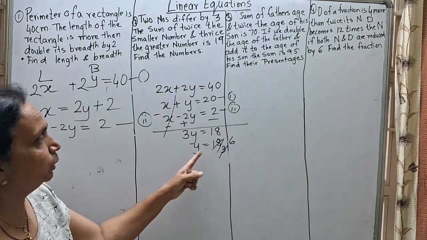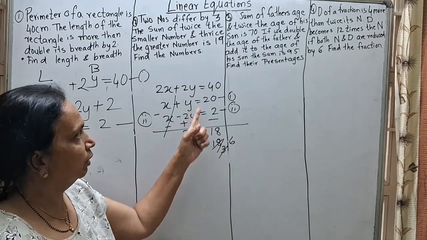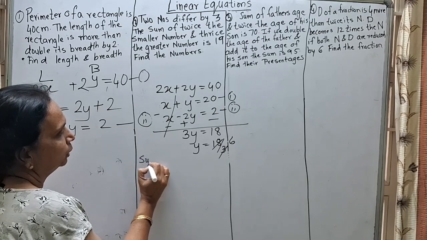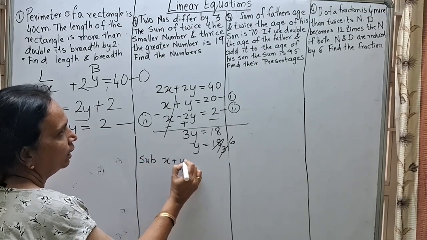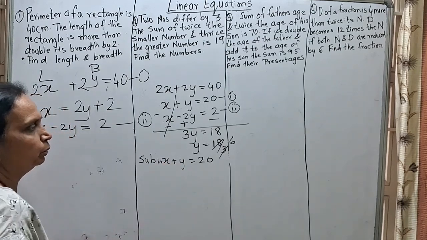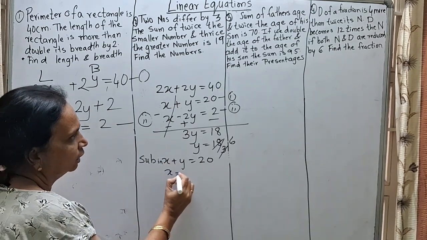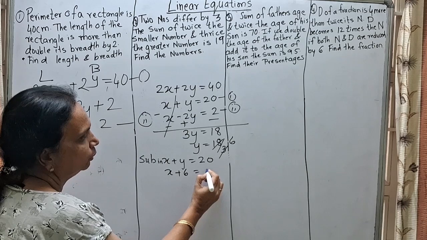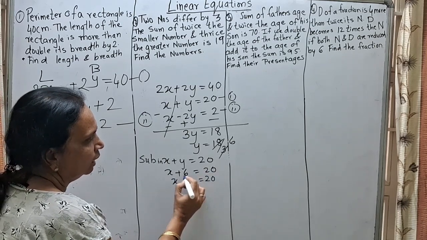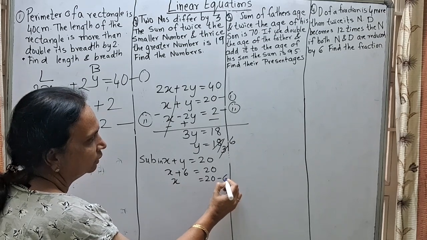Now you can substitute y is equal to 6 in any one of these equations, and we will take the first. Substituting in x plus y is equal to 20, I get x plus 6 is equal to 20. Variable on one side, number on the other side, plus 6 comes here, it becomes minus 6.